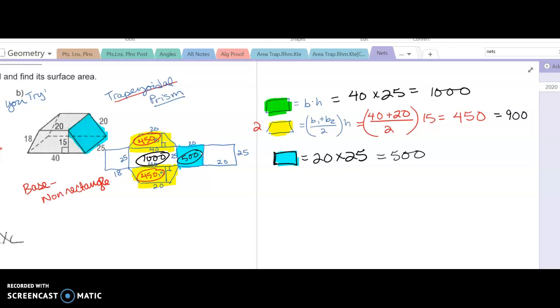Then I'm going to go next to the top of the trapezoid, which is this 20 by 25. We knew it was 25 because this 25 would transfer up here. So again, 20 times 25 is going to be 1,000. I'm sorry, 500.